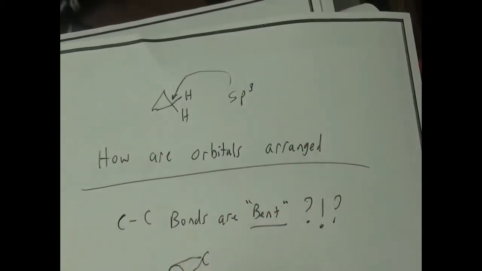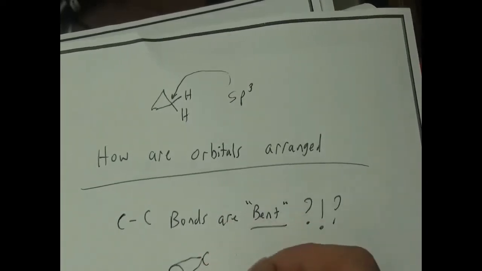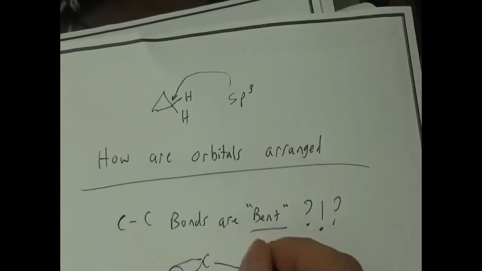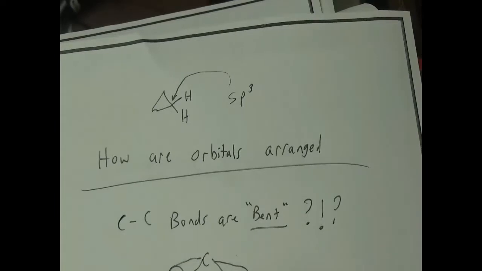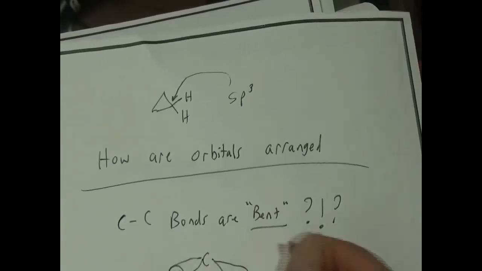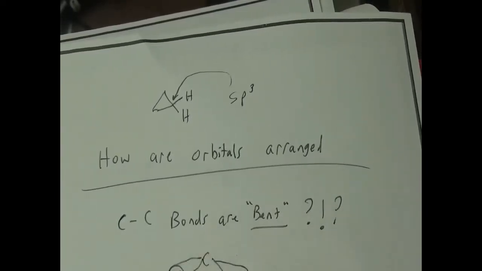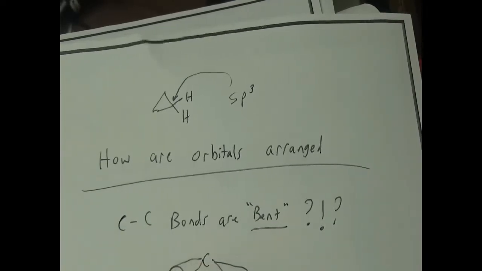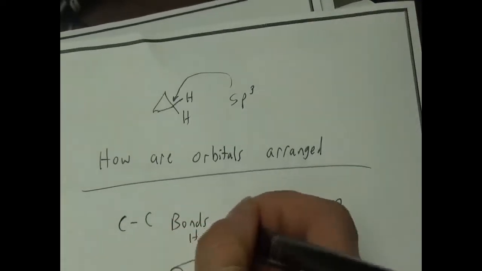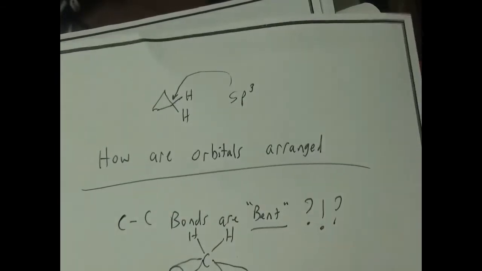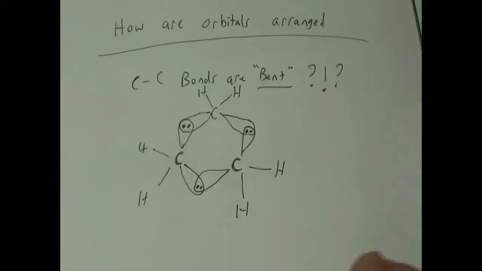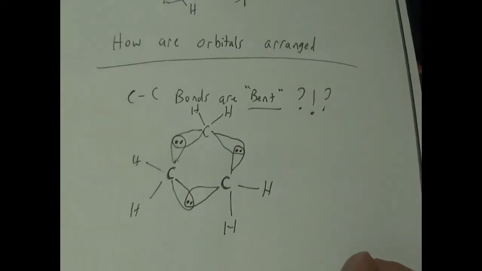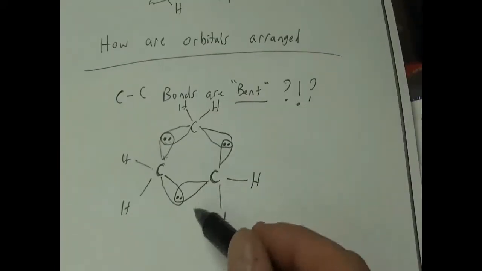Okay, there's one bond, and then we have another bond, and another bond. And each bond's got 2 electrons, right? And then we got our H's. H and H, H and H, H and H. Alright? Cool. So, yeah. Sorry, now you can see it. Okay, so that's the way it looks.